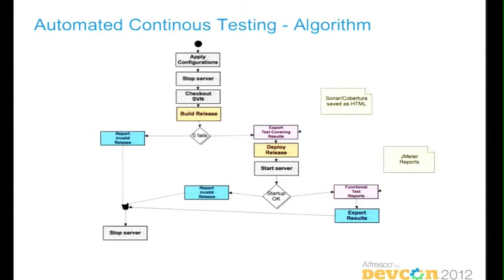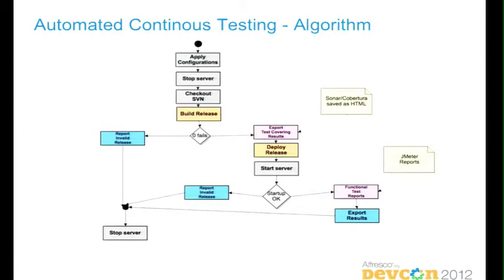So if we got at least one fail in the JUnit tests, the release is not valid. We report that the release is invalid, and we stop the server. In that case, the server has not started up, but it's part of the algorithm. If it went okay, we export the test coverage results, and later we deploy the release.